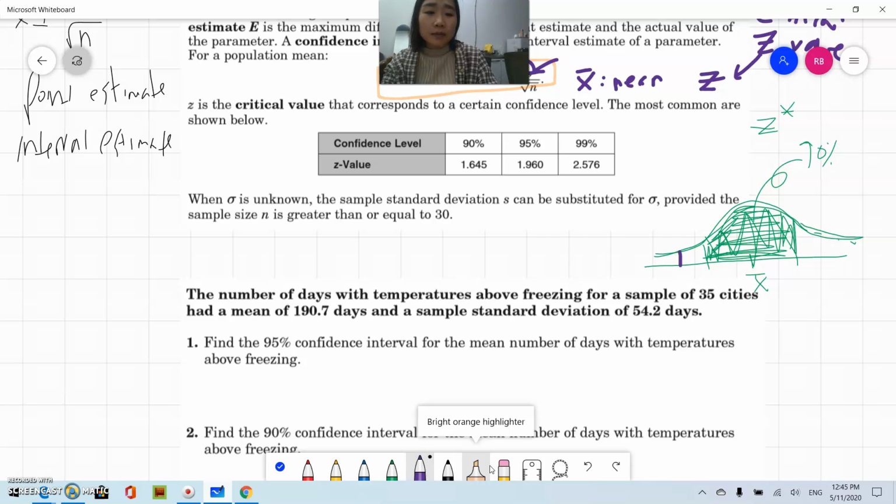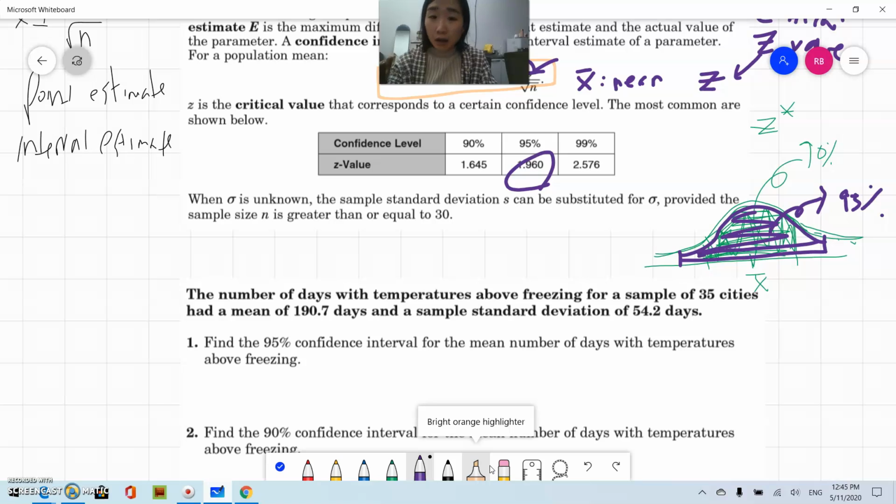If I want to be 95% confident, then obviously we'll have a greater z-value, because you're getting more confident by covering more values. As you get more confident, the interval may be less useful in some sense.